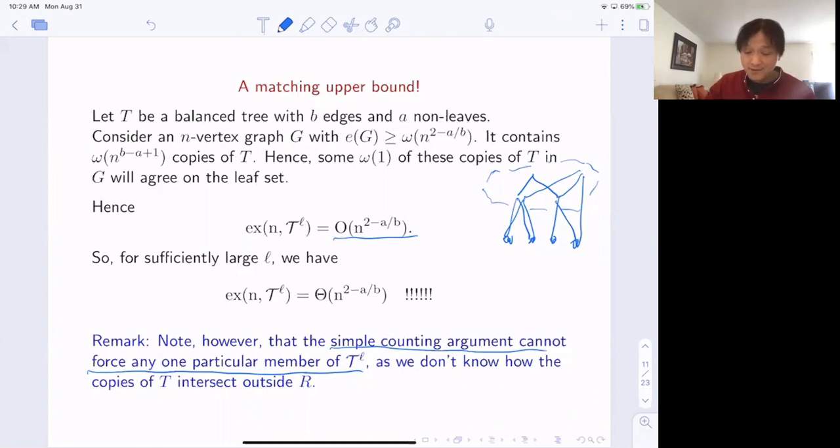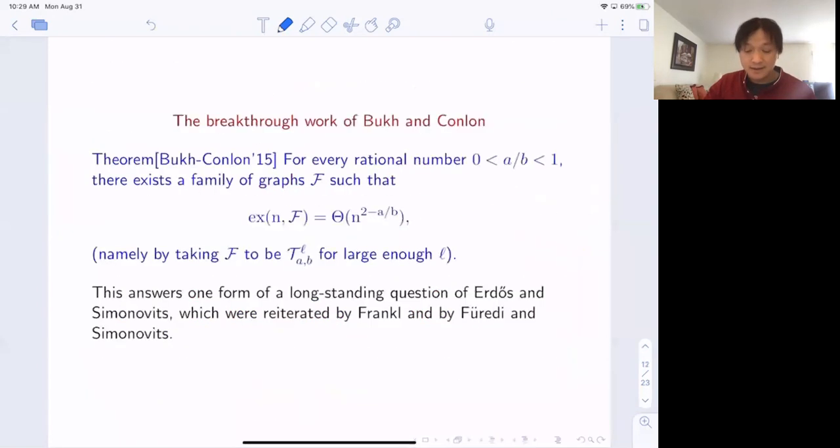So what's next? Here, just summarizing: the lower bound of Bukh and Conlon is the main breakthrough, but for the family script T to the L there's a very easy upper bound. Significantly, this implies that for every rational number a over b between 0 and 1, there exists a family of graphs script F whose Turán number is on the order of magnitude of n to the 2 minus a over b.